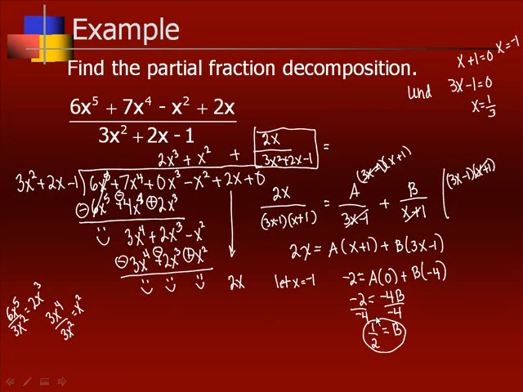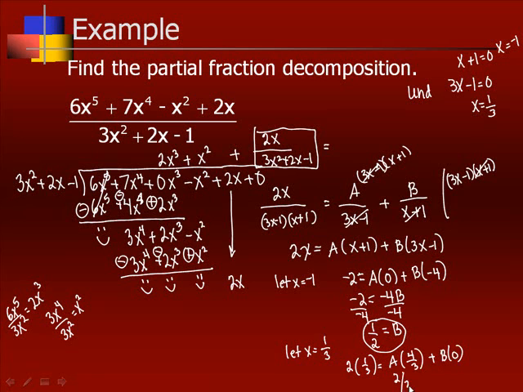Okay, now let's do it for A. Let's let x be 1/3. So we've got 2 times 1/3 is equal to A times 1 plus 1/3, which would be 4/3, plus B times 3 times 1/3 is 1, minus 1, so that one's just basically 0.